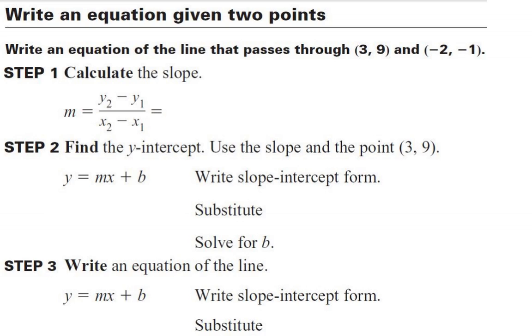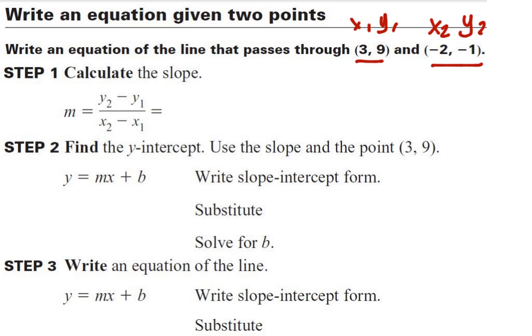In this example, we see that we have the ordered pairs 3, 9 and -2, -1. A line that passes through these points is unique and would have a unique equation. First of all, we need to find the slope, so I'm going to label my points x1 and y1, x2 and y2.